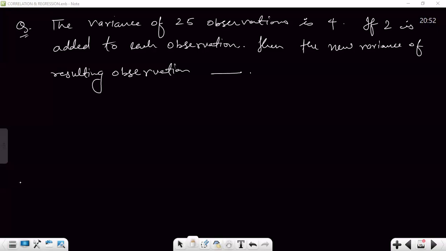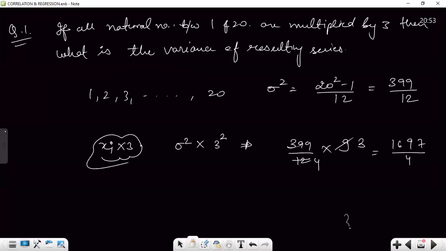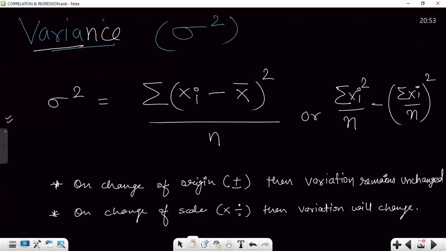Does the variance depend on change of origin?